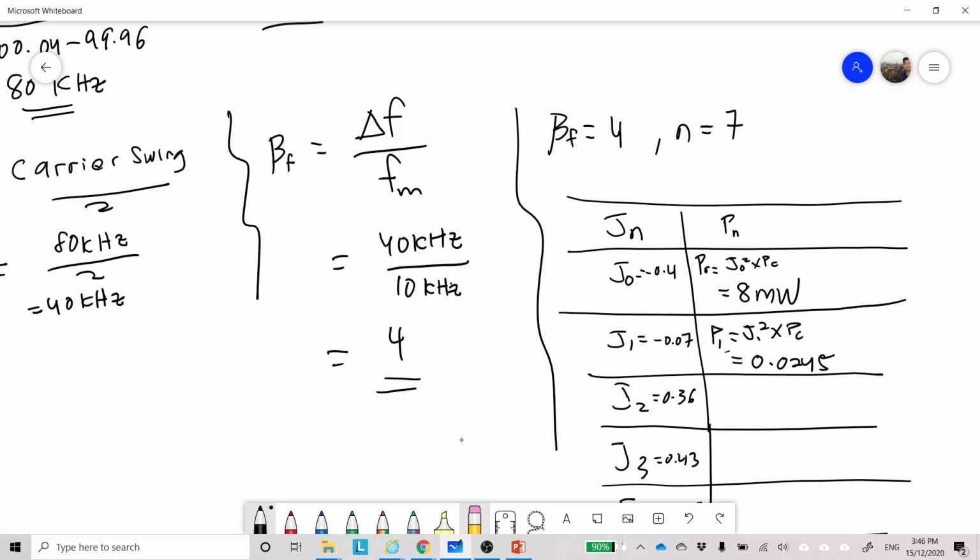Okay, and then P2 bersamaan dengan J2 square darabkan dengan PC. Okay, so ini adalah 0.36 kuasa 2 darabkan dengan 5, 0.648.